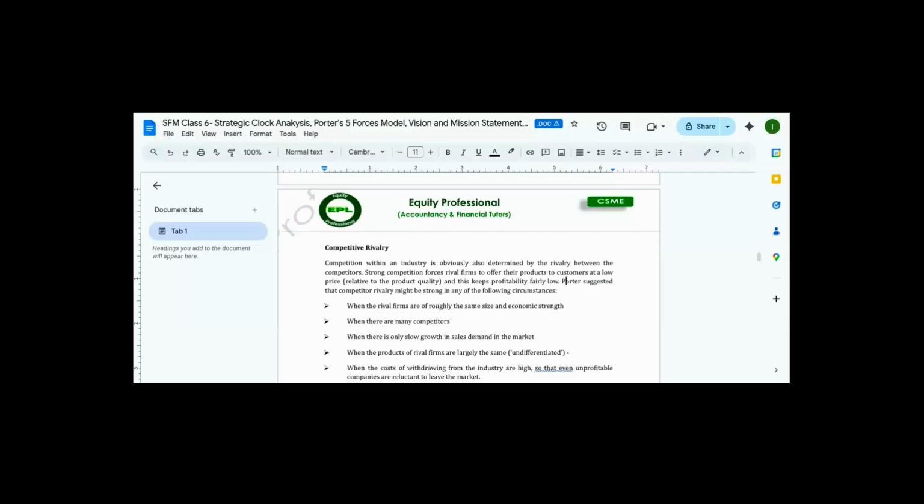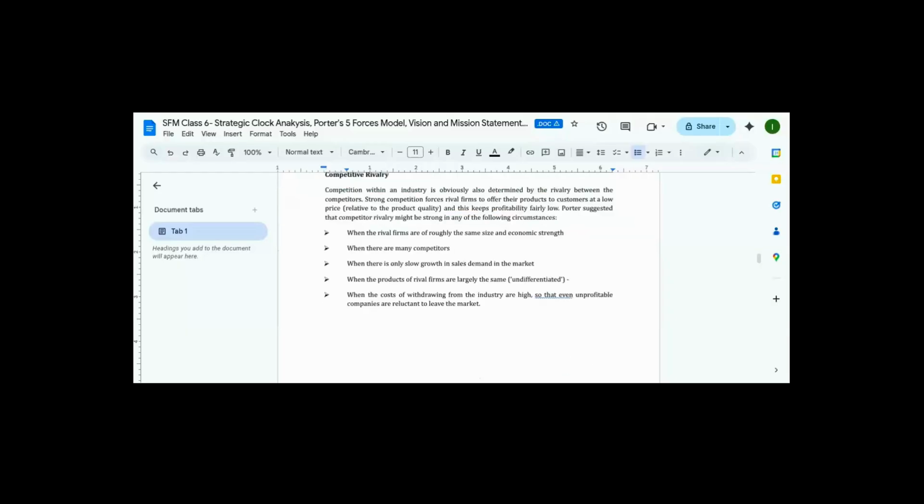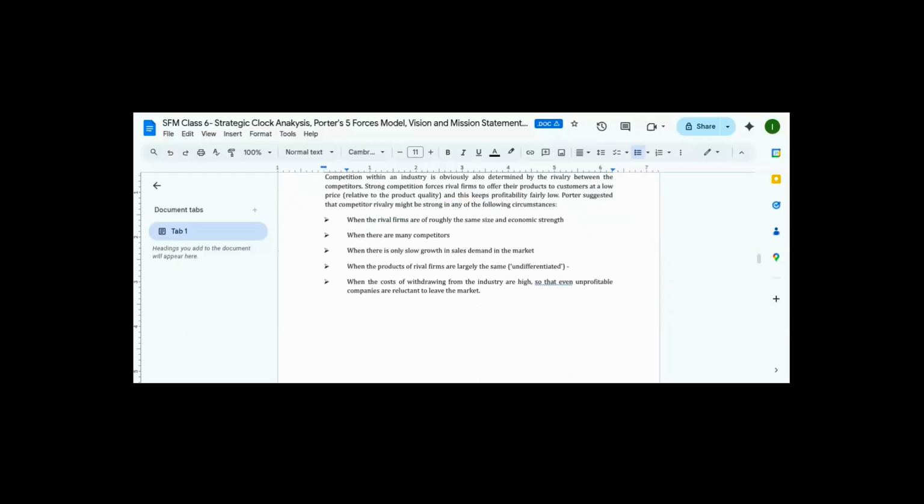So Porter suggested that competitors' rivalry might be strong in any of the following circumstances. Now you should know all these things. All this knowledge is not just for exam's sake. Even for exam, you must know that there is always high and intense competition in this situation. What are the situations?